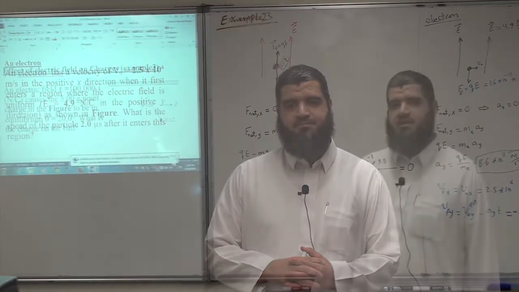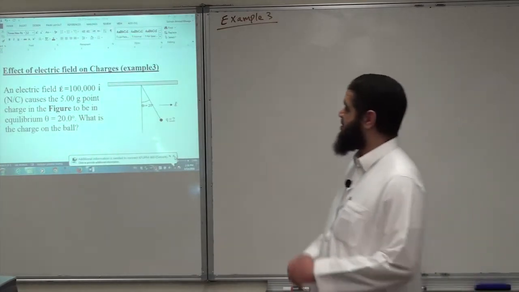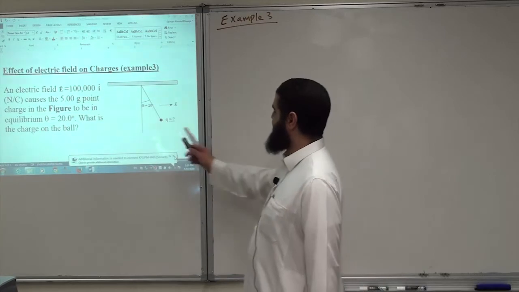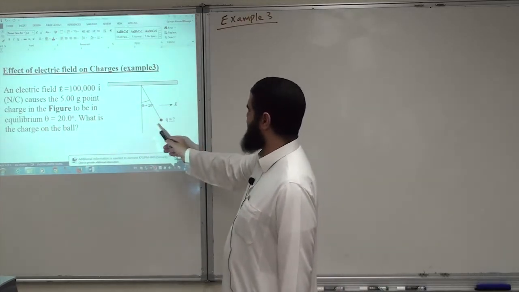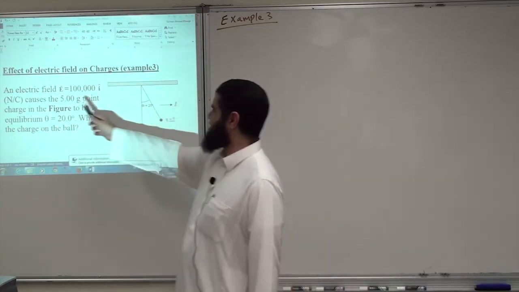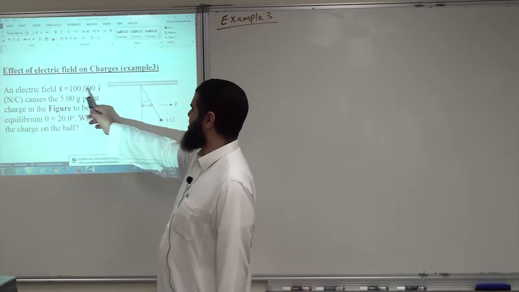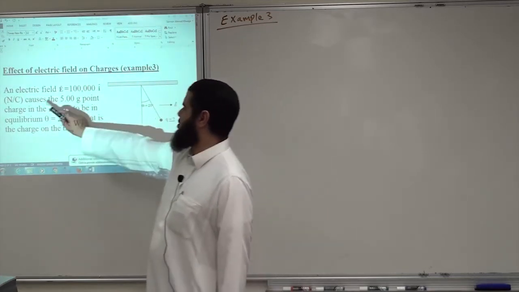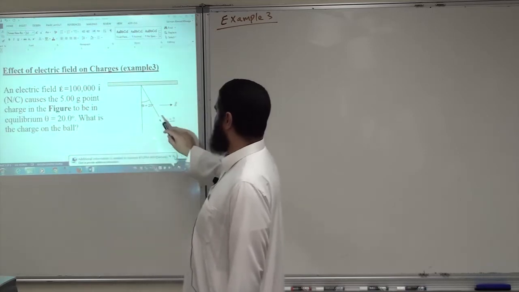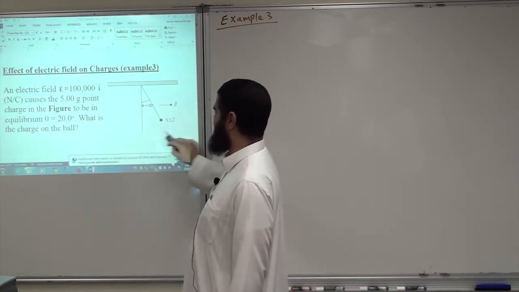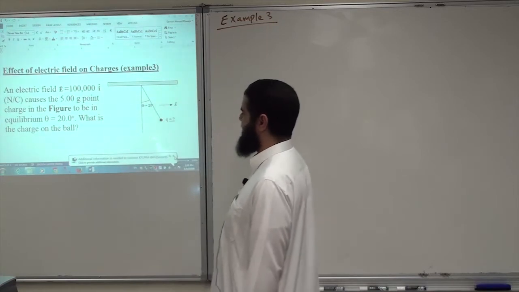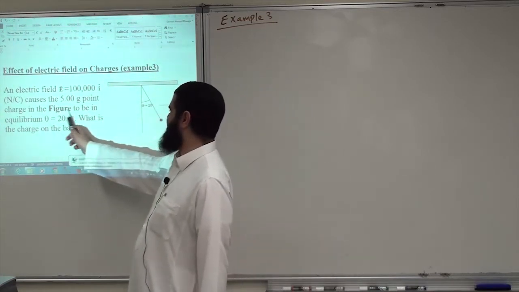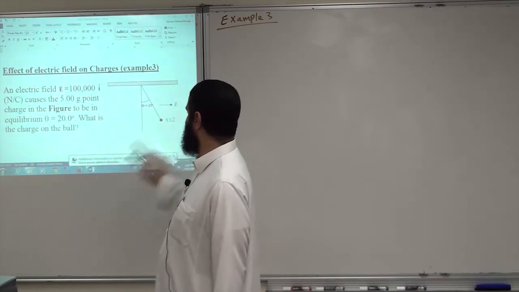This is another example about the effect of electric field on charged particles. Here we have an electric field, which is uniform, as you can see. It is 100,000 directed in the positive x direction, and it causes the 5 gram point charge, so here the mass of our particle is 5 gram, pointing as in the figure, to be in equilibrium.